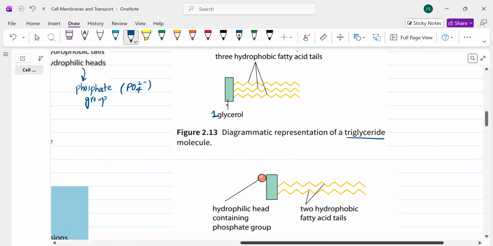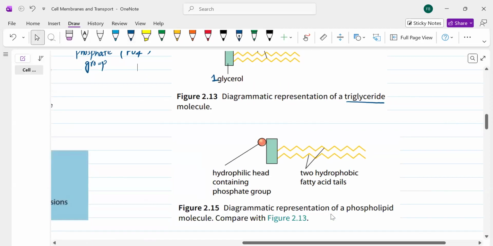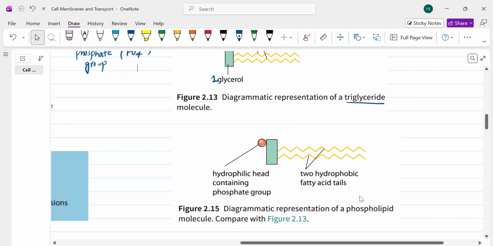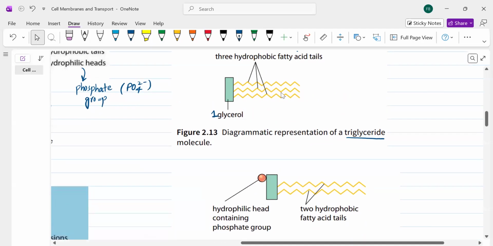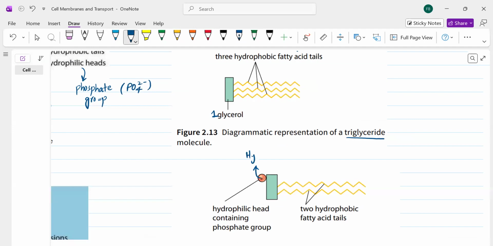In triglyceride, you have one glycerol and three fatty acid chains. When you make a phospholipid, its composition is quite similar to the triglyceride. The only difference is that there is no third chain. There are just two fatty acid chains, two fatty acid tails, and in the head part, you have a phosphate group. Due to this head part, there is hydrophilicity.